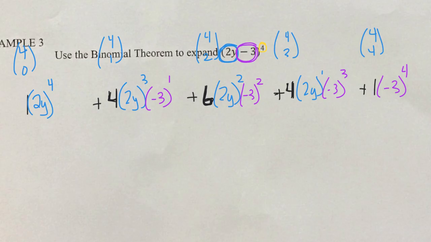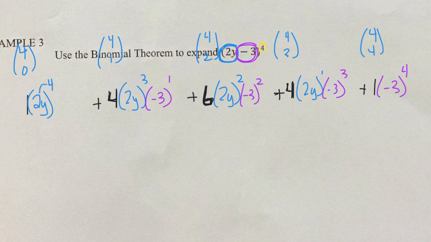Your first term counts down 4, 3, 2, 1, 0. And your second term counts up 0, 1, 2, 3, 4. Okay? So that's using our pattern with our terms and your coefficients from Pascal's triangle or from our combinatorics, right? Your combinations.